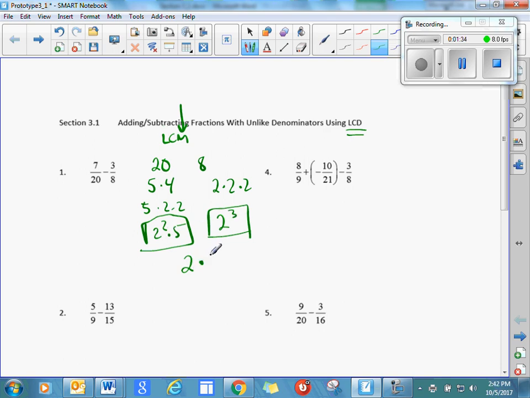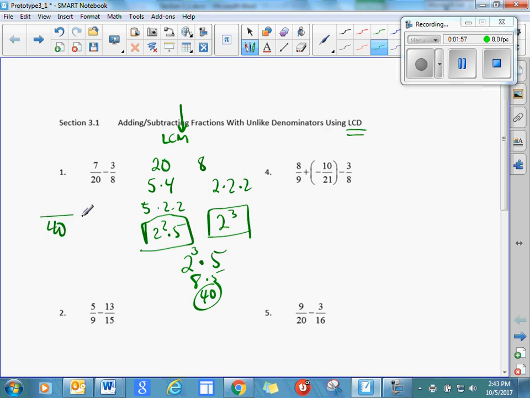And I see a 5. And then I go back and I put the highest exponent that I see. So I see a 2 with a squared exponent and a cubed exponent. I'm going to put the cubed exponent. And now I'm going to multiply this out. 8 times 5 is 40. And that's my lowest common denominator for these guys.